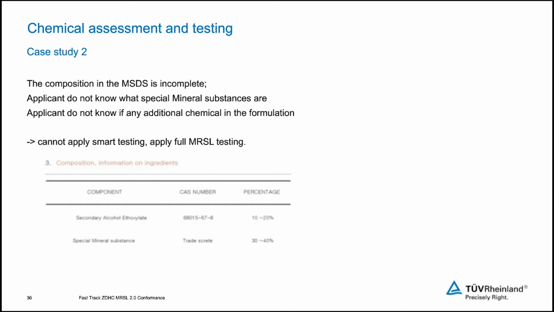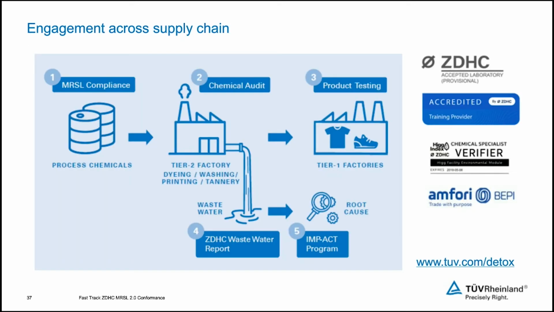Thank you, Dr. An, for this overview of the assessment process and also for the case studies. What we've discussed today is primarily for activity 1, that is MRSL compliance. But we've also seen how MRSL compliance is validated during BEPI audits and HIG verifications.